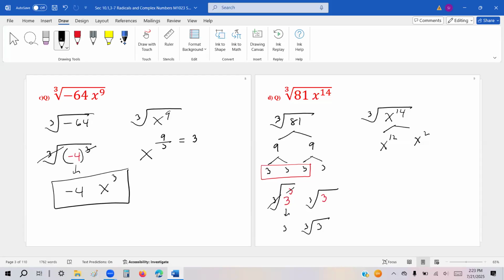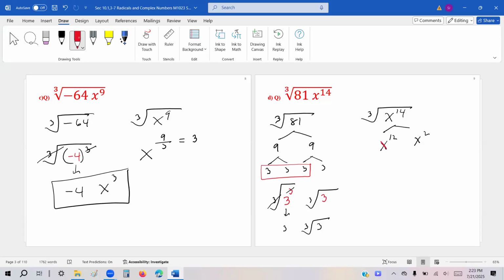But 5 is divisible by 3. Not evenly, but still you can divide. So your goal is to split the power into something that is divisible by 3 and something that is not divisible by 3 at all. So 9 and 5 you cannot do because 5 is divisible by 3 at least once. But 2 is not divisible by 3.